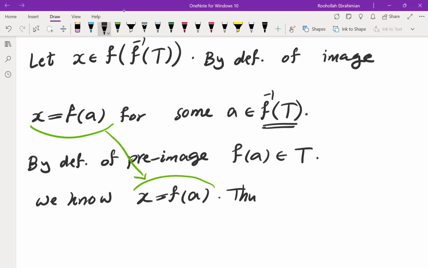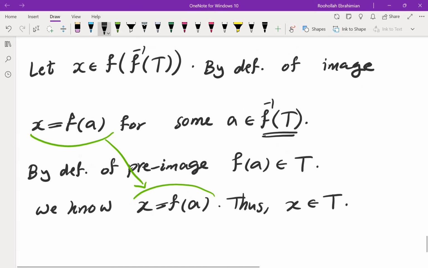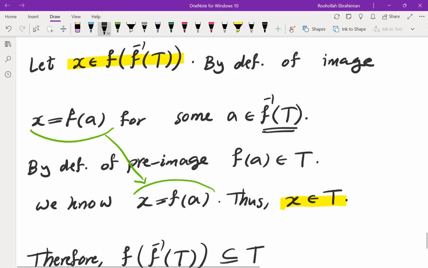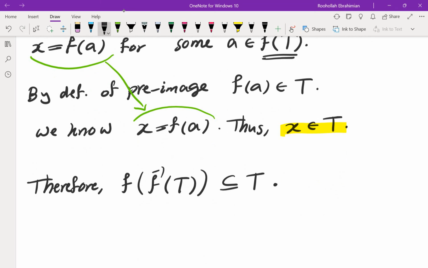So that implies x is in T. So what did we do? We showed that if x is in f of f inverse of T, then x would be in T. So that tells us f of f inverse of T is a subset of T, and that completes the proof of the first part of this theorem.